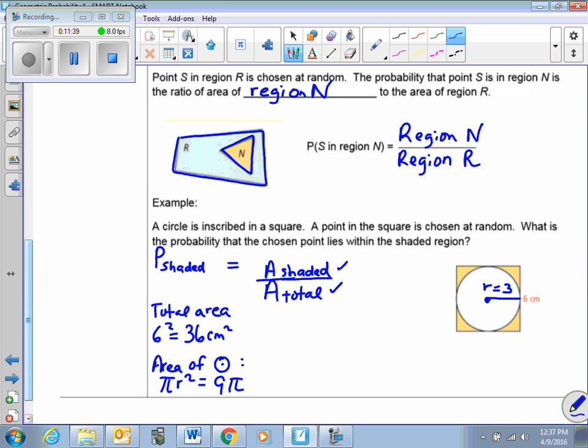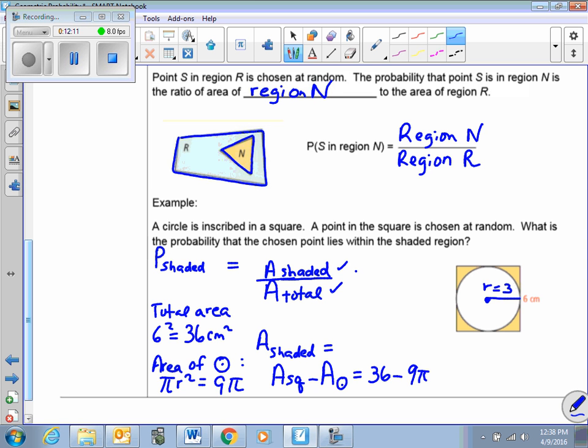Okay, so now we got to subtract this area of the circle from the area of the square to get the shaded region. So the area of the shaded region equals area of square minus area of the circle, and that is 36 minus 9 pi.